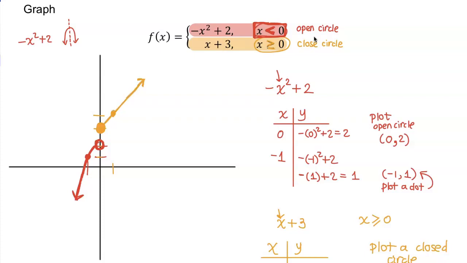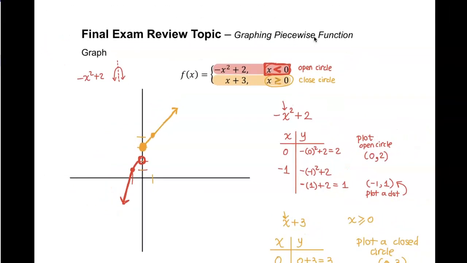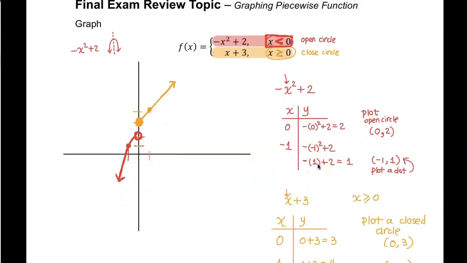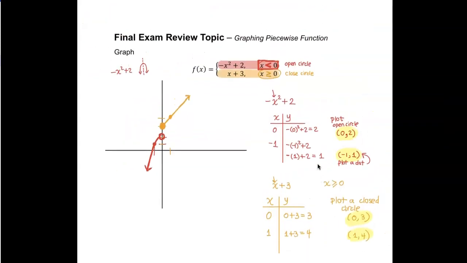And it's okay if you want to use y equals mx plus b, but when you are graphing piecewise functions on your exam, make sure to clearly plot the open and closed circles, or just make sure that your grader can find all the ordered pairs that you plotted so that you can get full credit, okay?